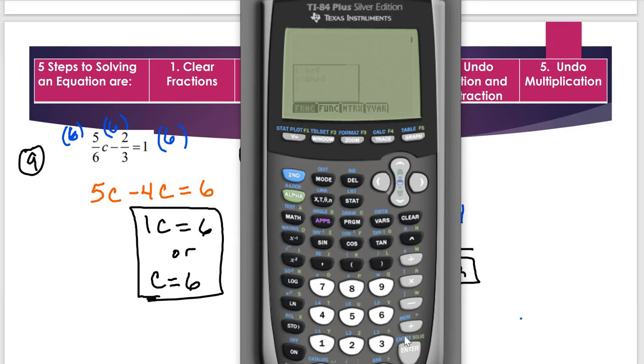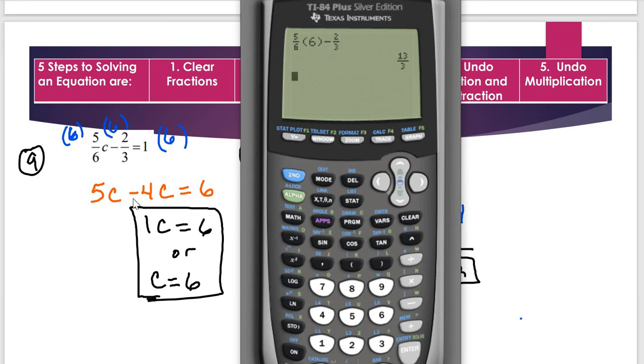So put in alpha y equals, and put in 5 over 6, and come out from underneath it, parentheses, and put your 6, parentheses, minus alpha y equals 2 over 3, and hit enter. And let me look at this again. So I have 5 over 6 times 6 minus 2/3.